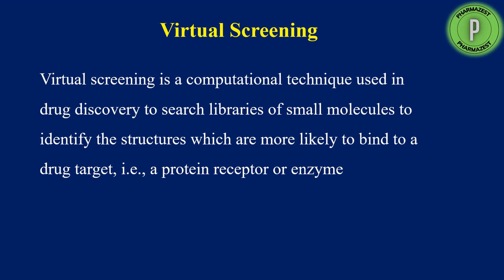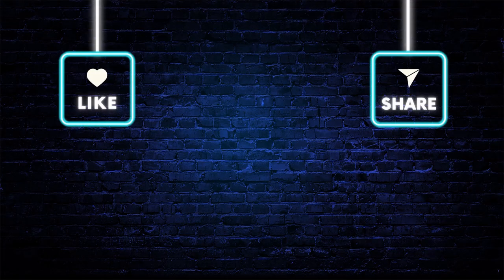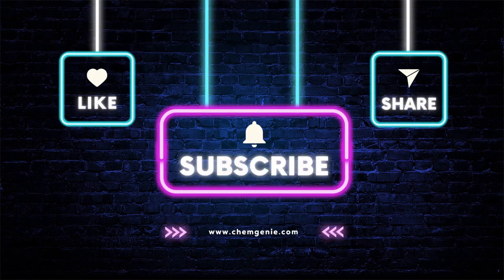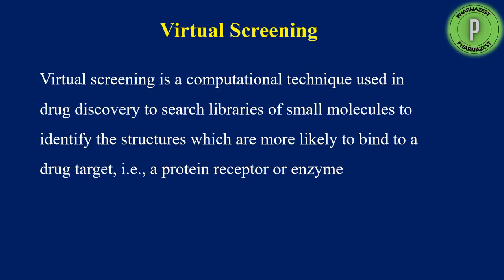What virtual screening actually does is reduce the number of molecules to a manageable size. We cannot synthesize each and every designed molecule and then test it in the laboratory. Because the compounds are in millions, synthesizing each one would take a lot of time, effort and cost.